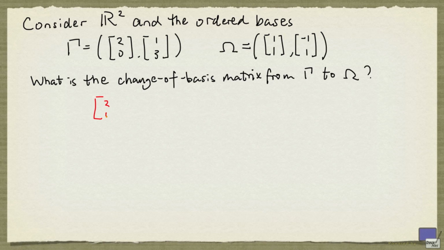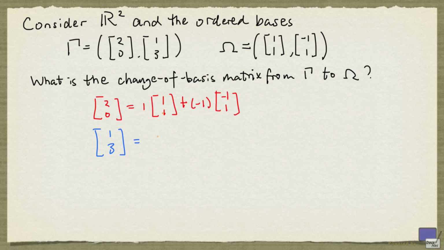So the first vector in gamma, (2, 0), can be written as 1 times the first vector in omega plus minus 1 times the second vector in omega. And one can check that this is indeed the case. And the second vector of gamma can be written as 2 times the first vector of omega plus 1 times the second vector of omega.